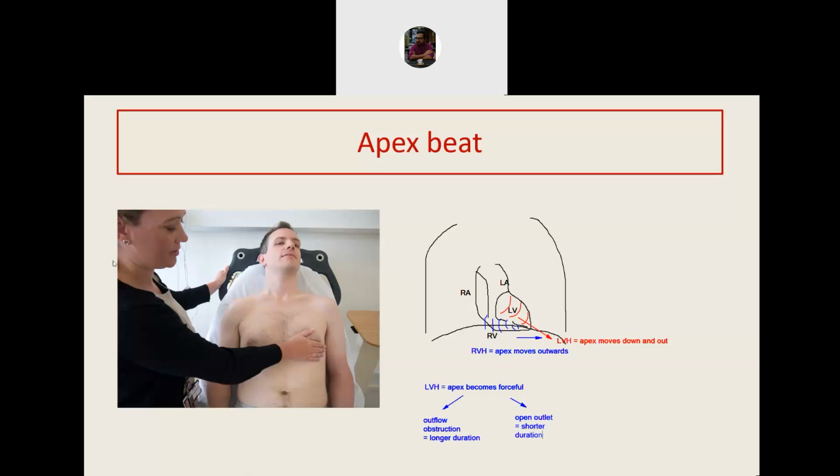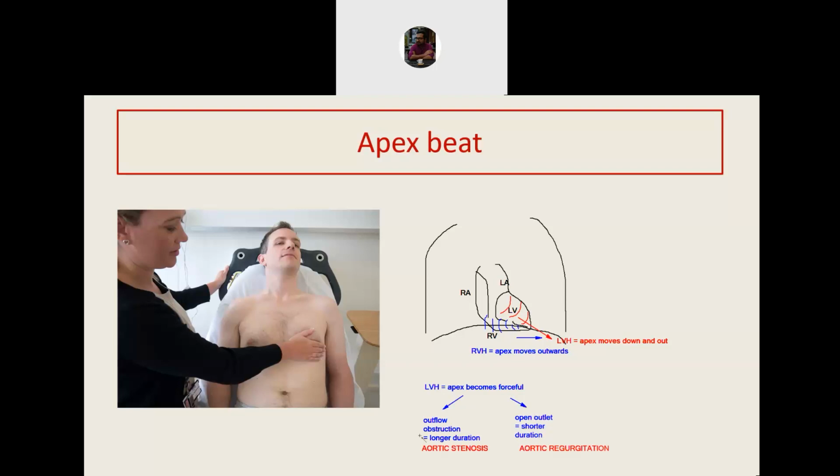Now, outflow obstruction means there is obstruction to blood flow. Blood is flowing into aorta. Outflow obstruction therefore happens in aortic stenosis. And an open outlet is seen in aortic regurgitation. In both cases, apex is forceful, but the durations vary.